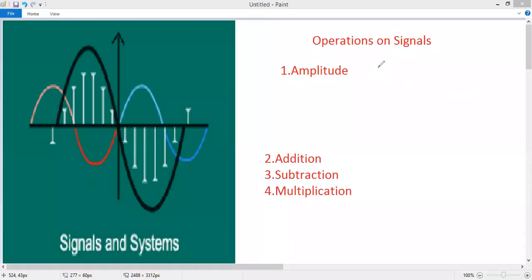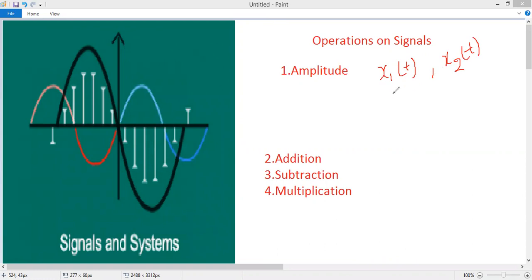Suppose I have two signals, x1 of t and x2 of t. So I am going to add these two signals.